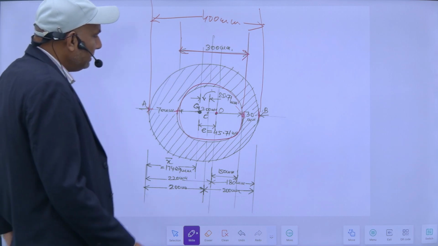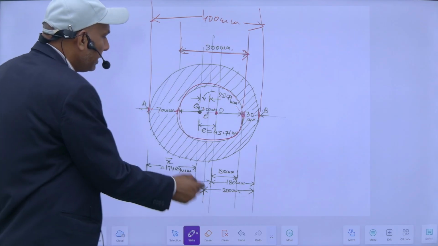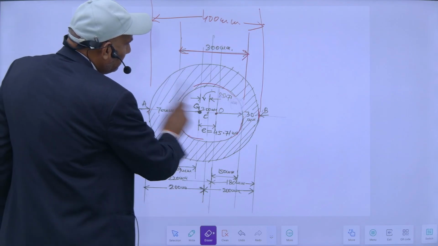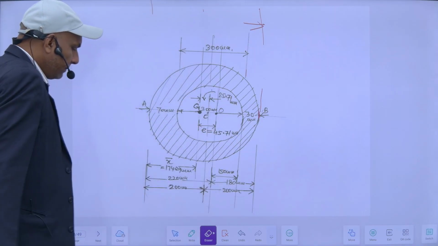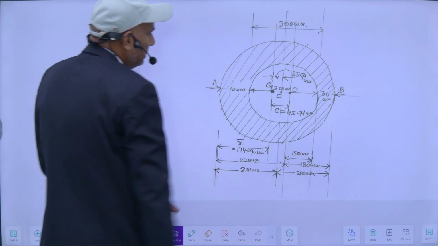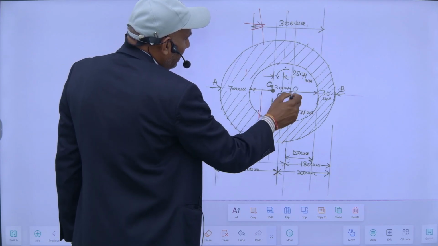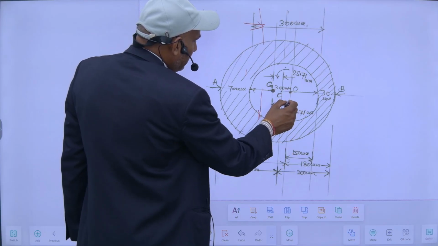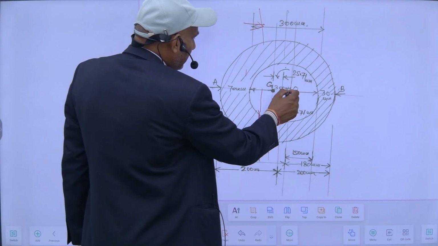My load is acting here. Axis of the bore means this is my bore. This inside bore, its center is this one.